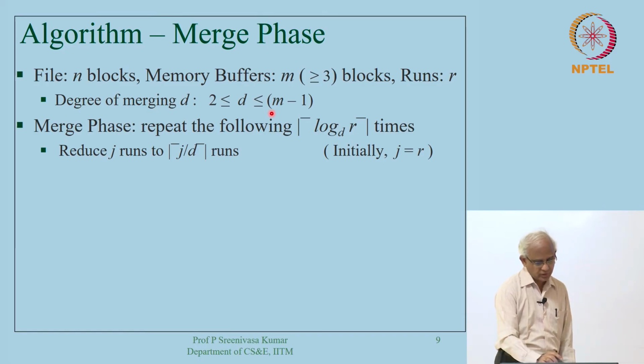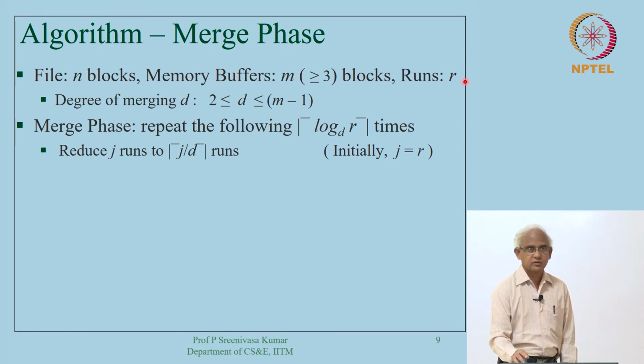For example, the merge phase has this thing, repeat the following, we will see how many times it will come to. So, basic idea here is that if you have some number of runs, we will reduce this number of runs to that number divided by D. Okay.